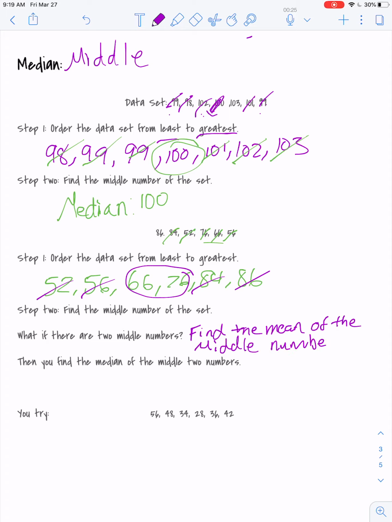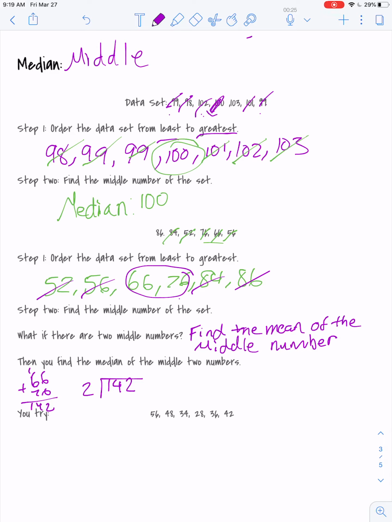So we need to find the mean of the middle two numbers. So we're going to add them up. We take 66 plus 76. We get 142. And since we're finding the average of two numbers, we divide by 2.